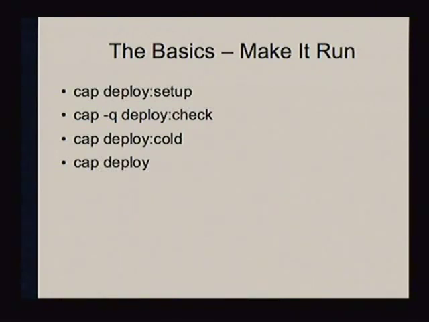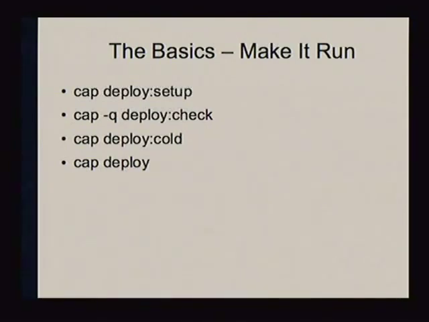/u/apps/ the name of our Rails application, and populate it with some basic files that it needs. To make sure all of your servers have all of the prerequisites to run Capistrano on them, like actually having Subversion installed so you can check out, that you can log into all of them, all those little things that will make your life so much easier when you're trying to figure out why 40 boxes work, but box 41 doesn't, we have cap deploy:check. -Q means quiet, so it doesn't show you all the checks it does.